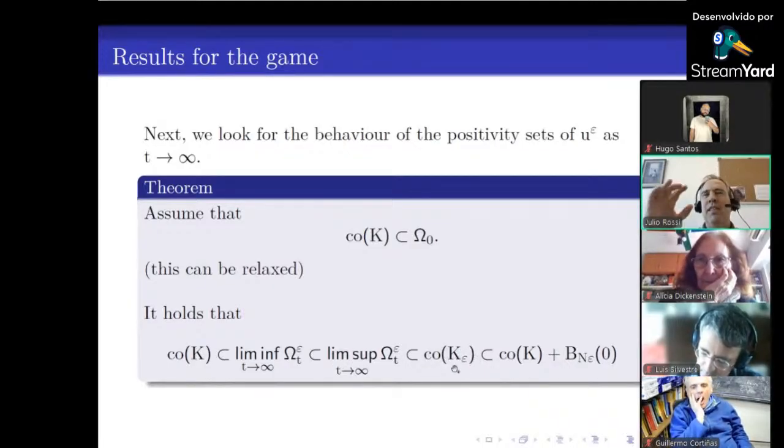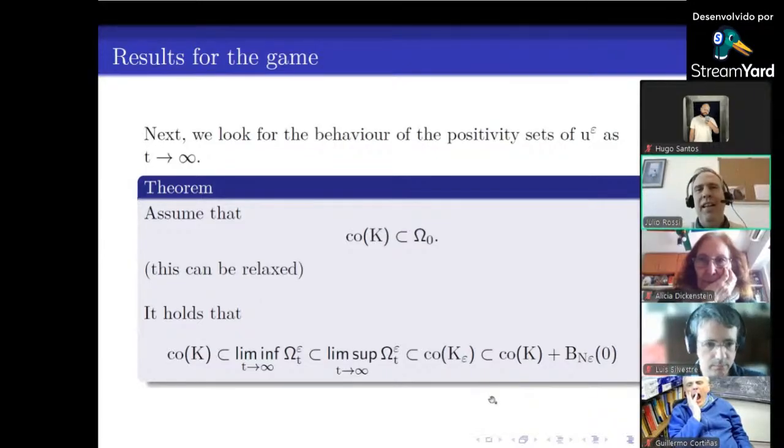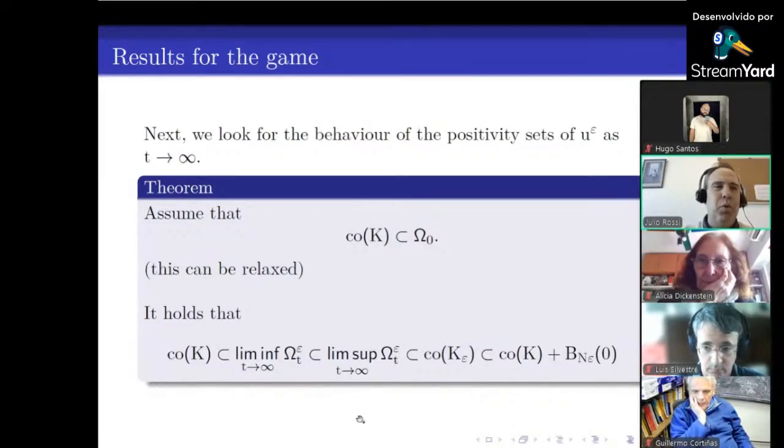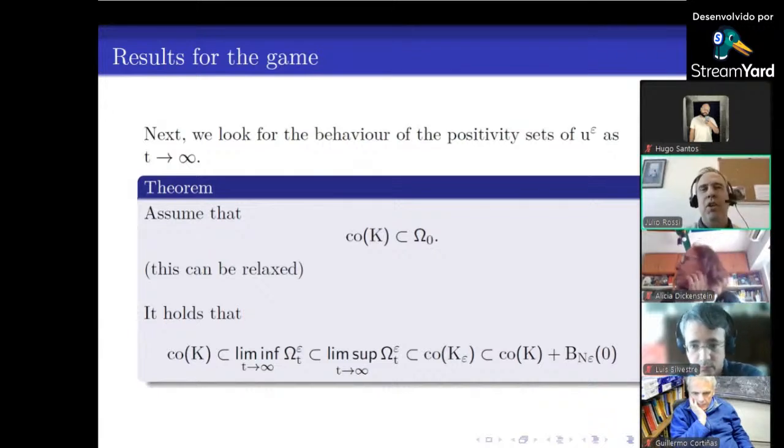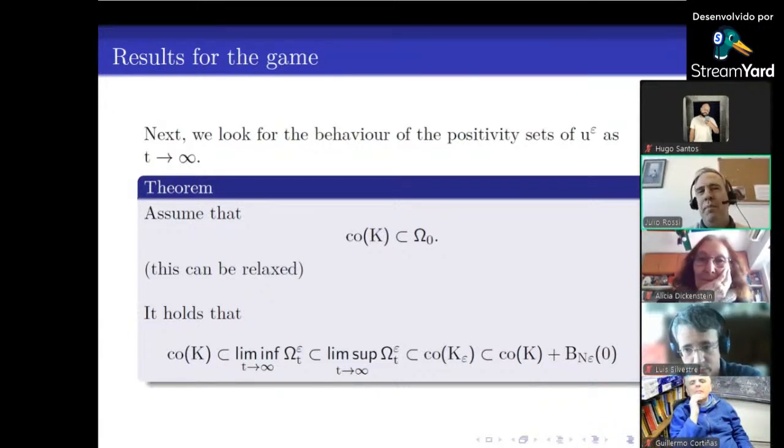K epsilon was the larger domain, the largest set K, and this is also contained in the convex hull of K plus a small ball. So you see that the two extremes of this chain of inclusions are quite close when epsilon goes to 0.